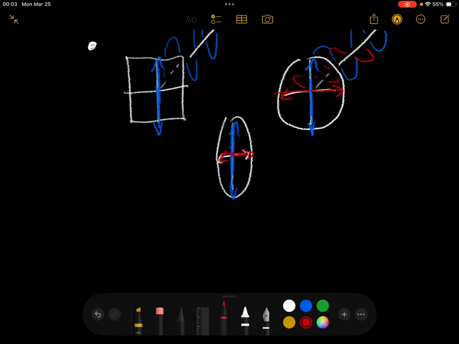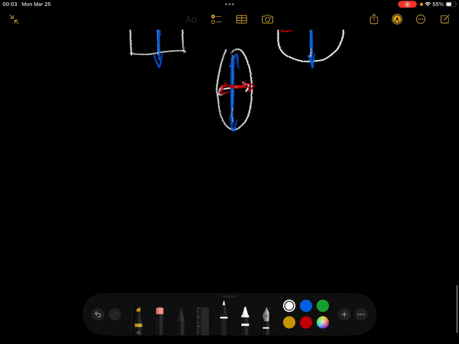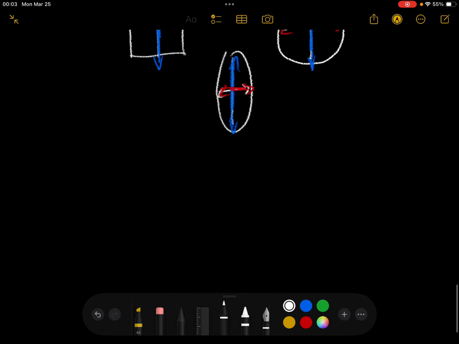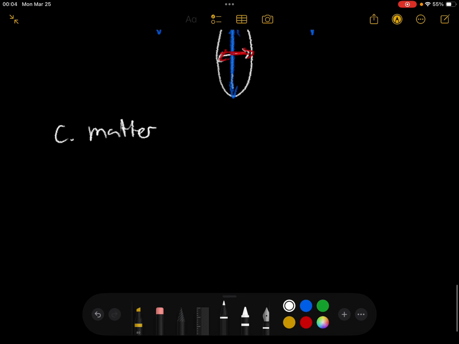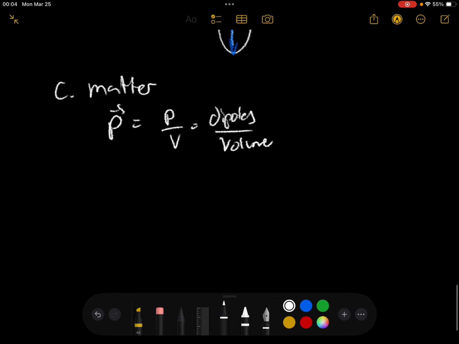But now, why did I talk about polarization? Well, it's because this right here is along electromagnetic waves. However, you also will see it in matter. And what does that mean? Well, the polarization is going to be based off of the amount of dipoles per volume and their orientation.